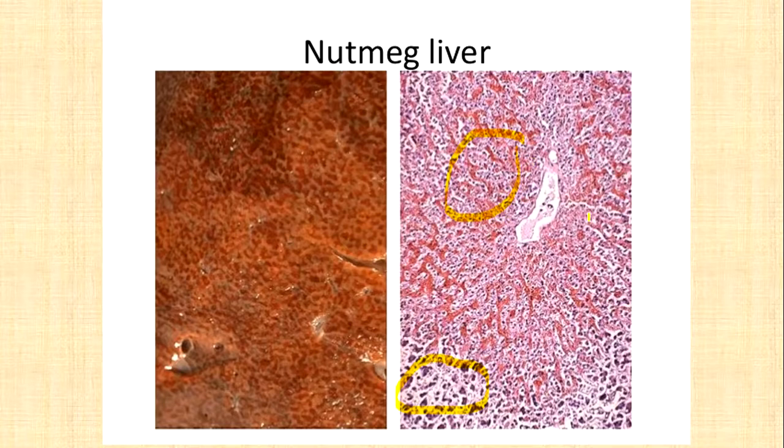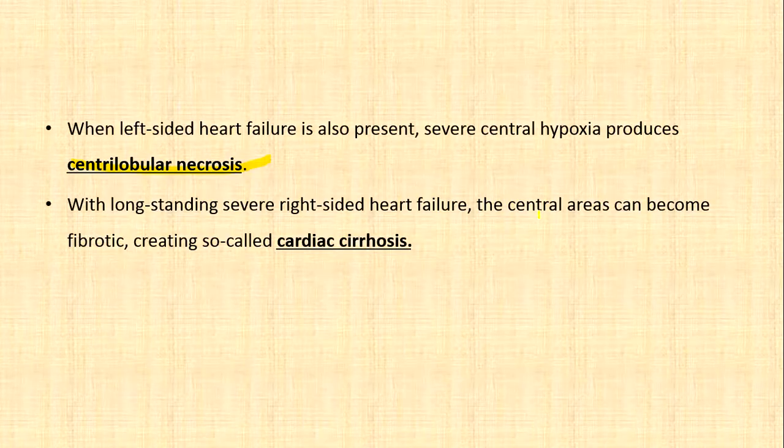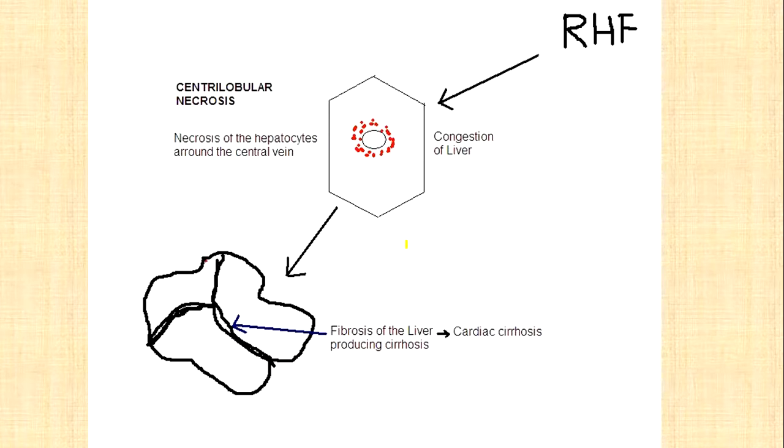The centrilobular area undergoes necrosis. With long-standing severe right-sided heart failure, the central areas can become fibrotic, and this is called cardiac cirrhosis. Here you can appreciate the centrilobular area is congested, and ultimately there will be necrosis and fibrosis of this area, and this is known as cardiac cirrhosis.